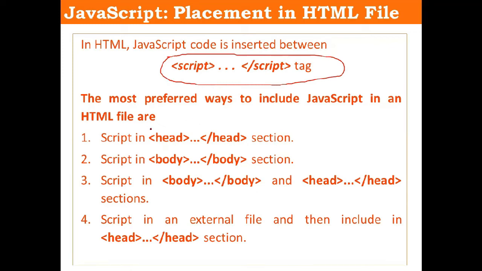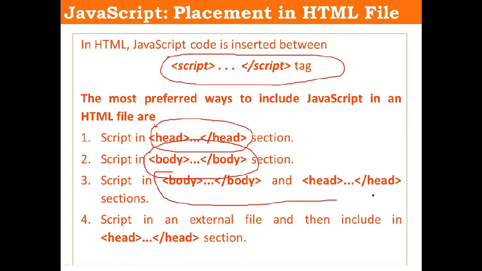First one is in the head section. Inside the head section, we can have the script tag. Whenever the script tag is rendered in the HTML page, that script will be executed immediately. And also we can have scripts in the body tag, and in both the body and the head tag.